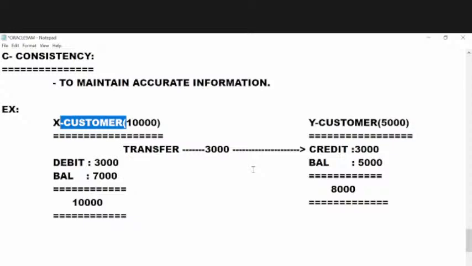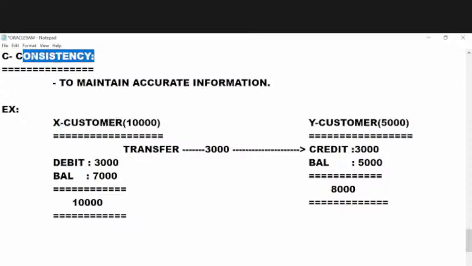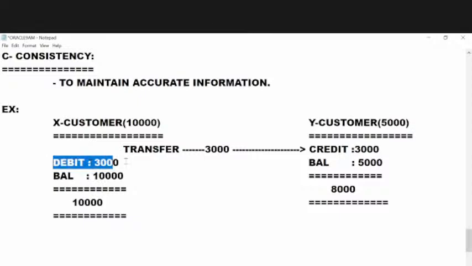This kind of maintenance is called consistency. But suppose you transfer 3,000 rupees, but your balance still shows 10,000 rupees. Is it possible? No. If it were like this, the problem is that your debit amount plus balance amount would be 13,000, but actually your balance is different. So is that accurate?